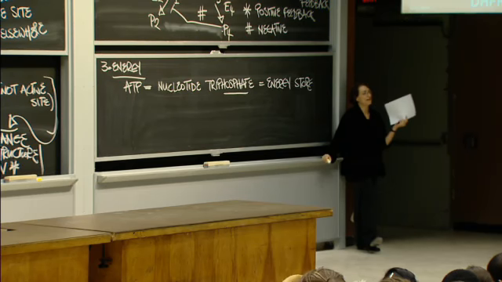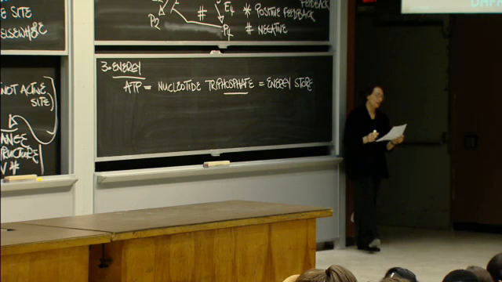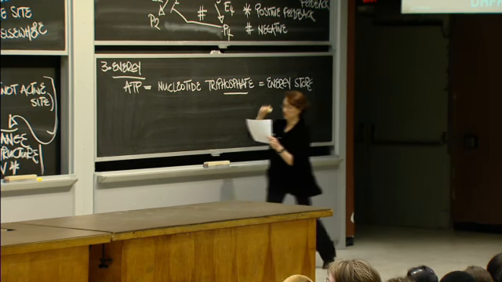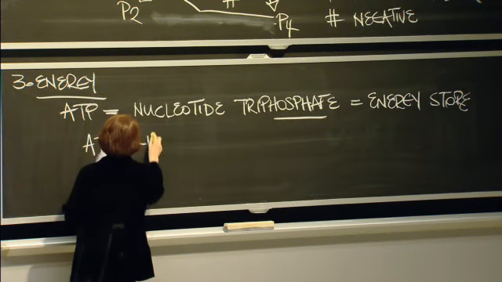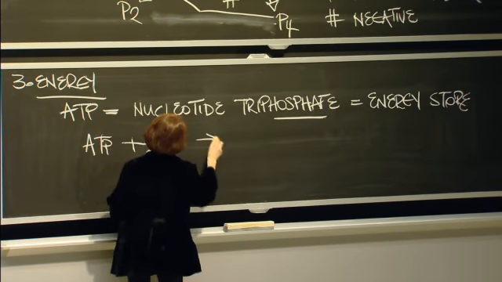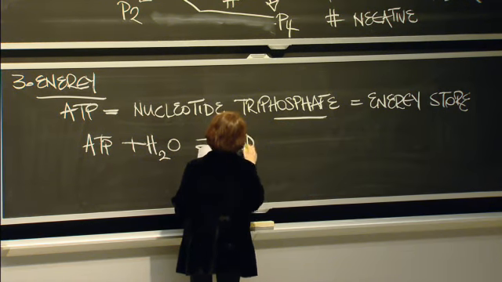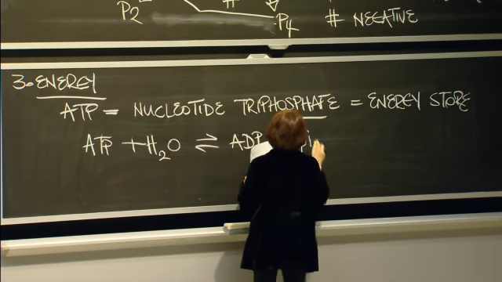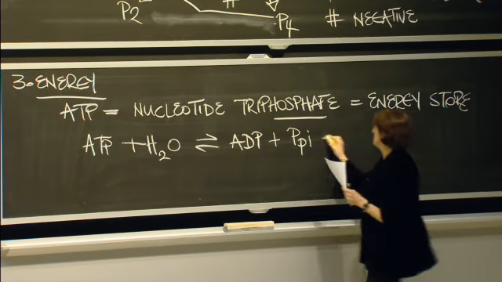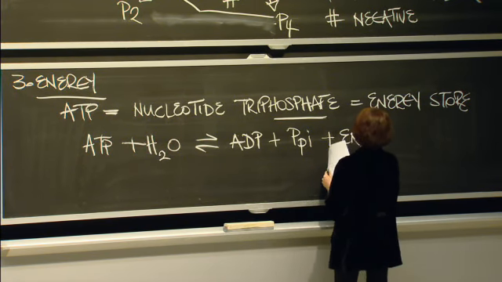If a chemical reaction needs energy, the cell uses ATP to get it. ATP is hydrolyzed to give rise to ADP, adenosine diphosphate, and Pi, inorganic phosphate, plus an increment of energy.